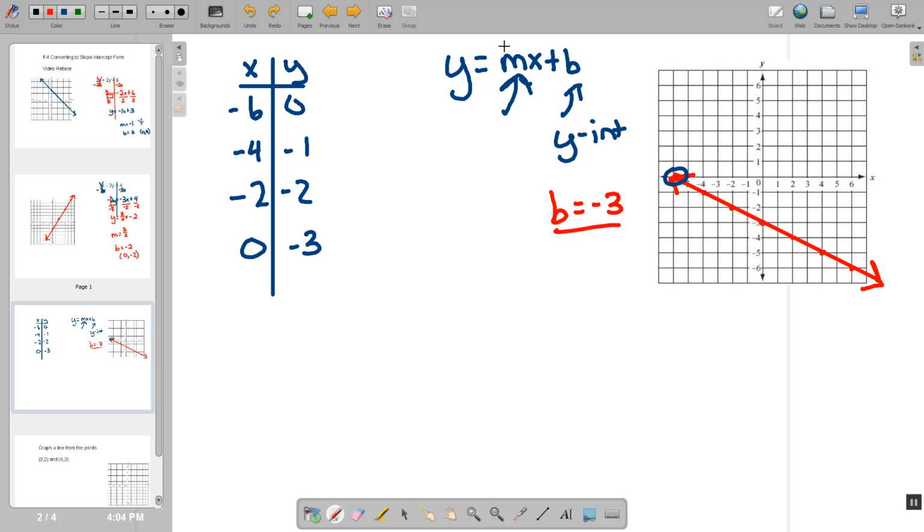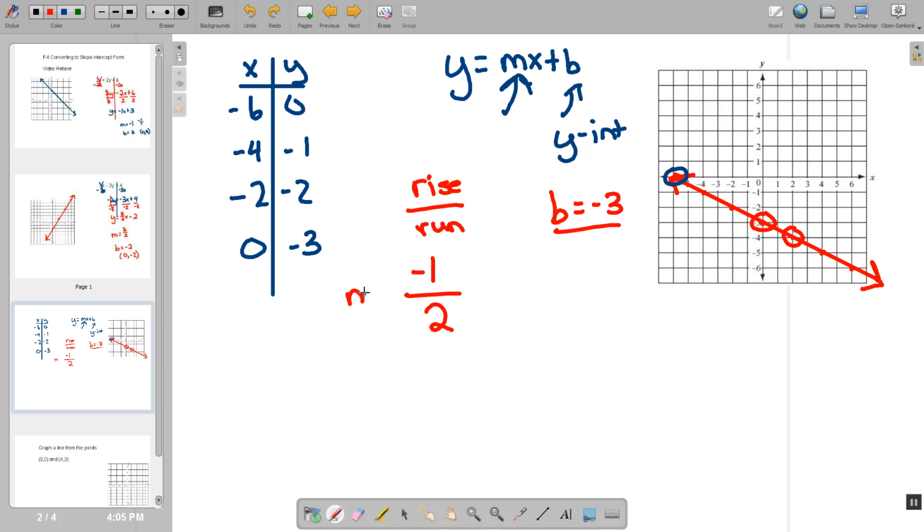So now all we need is our slope, which is asking from one point to another, how much did we rise and how much did we run? So, rise over run. We can pick any 2 points. I'm going to pick this point and this point right here. So let's circle these two. From here to here, I rise negative 1 and I run 2.